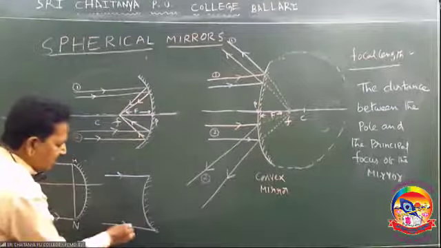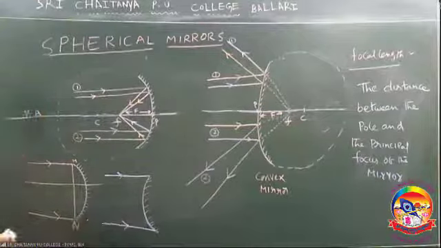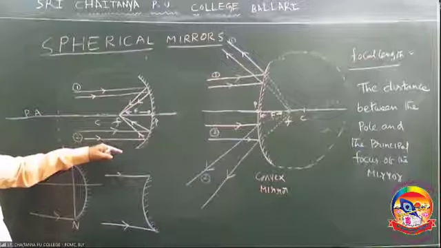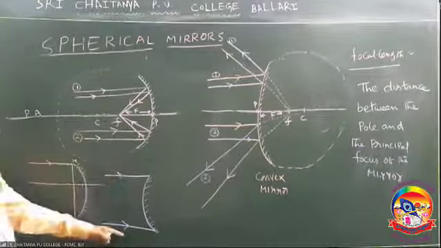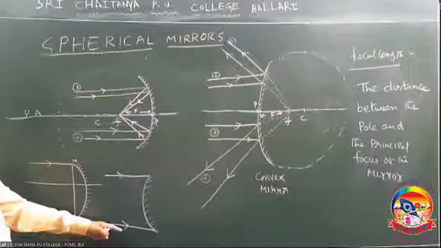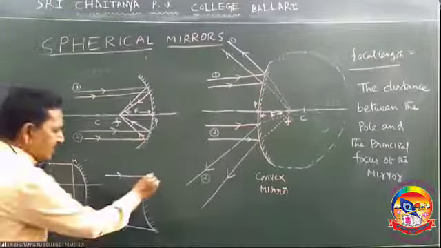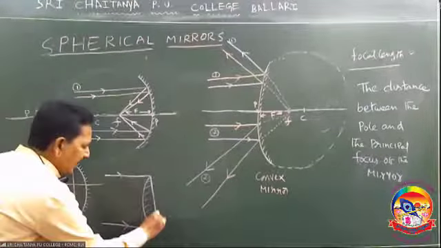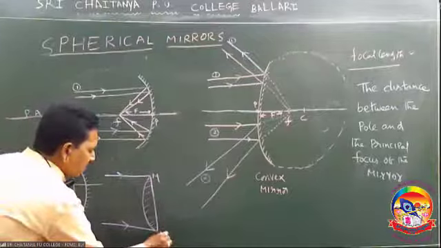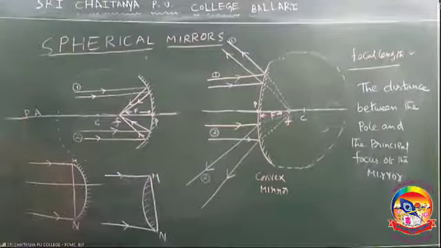Yes. Beyond this, does the reflection take place? No, there is no mirror at all. The perpendicular distance between these two extreme light rays is called the aperture of the mirror.